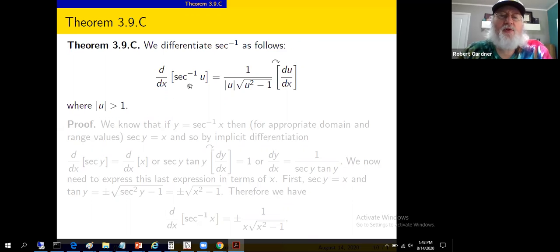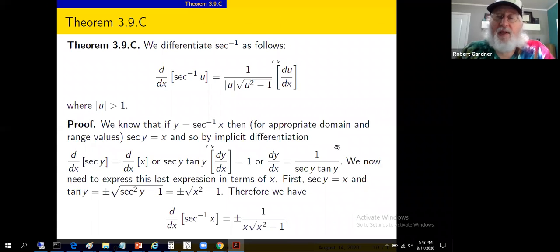The only thing you can put in a secant inverse function is numbers greater than 1 or less than -1. Except you could use 1 and -1. What's wrong with those? We'd have division by 0 if you were 1 or -1. The existence of the function isn't the problem at 1 and -1. It's the existence of the derivative that's the problem.